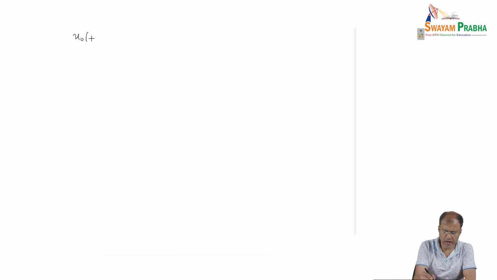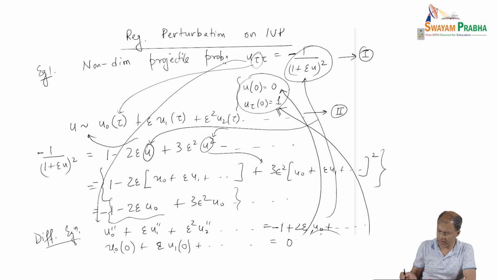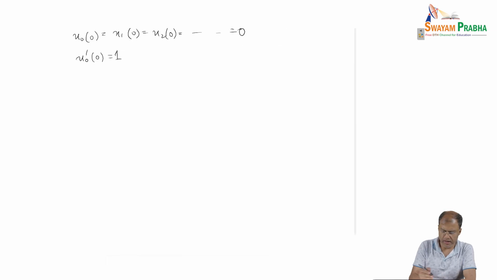So u naught at 0 is u1 at 0, and so on and so forth, u2 at 0. This is all 0, while u naught prime at 0 is 1, because the highest order term on the right hand side is 1, which doesn't have any powers of epsilon multiplied. And then similarly we will have u1 prime at 0 is u2 prime at 0, and so on so forth. This is equal to 0, right?